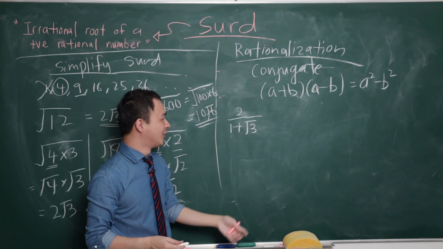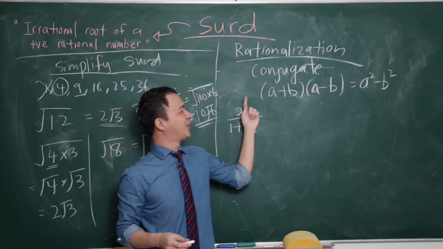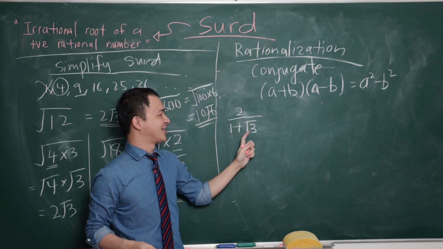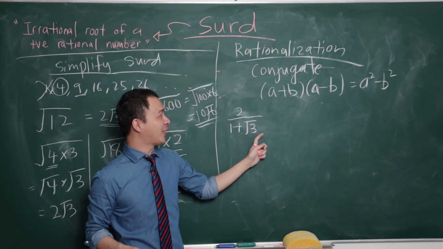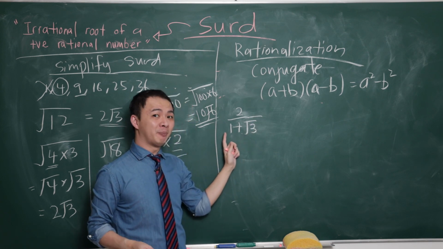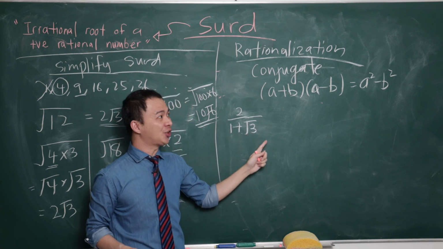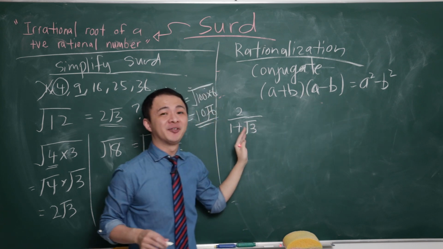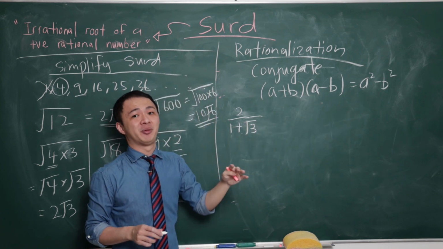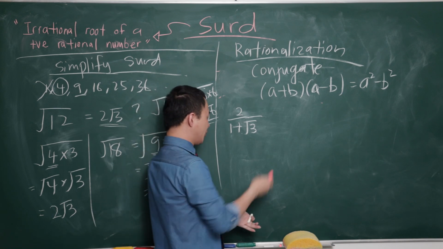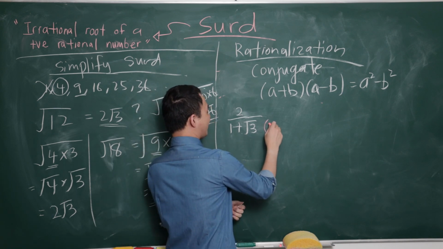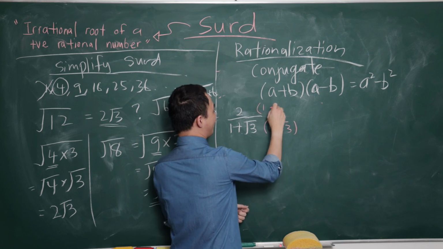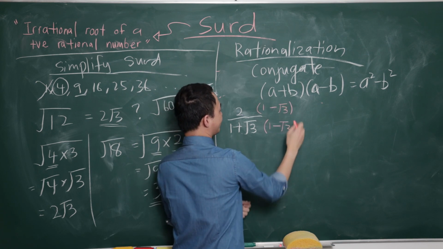Okay, so because of this conjugates law, I know if I have 1 plus square root 3, I have to multiply back the same thing, but it's 1 minus square root 3, in order to get rid of the square root at my denominator. So what I want to do here is, I will multiply 1 minus square root 3, and then here I will multiply 1 minus square root 3.